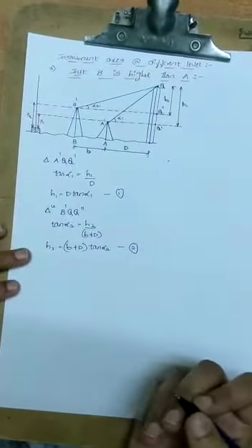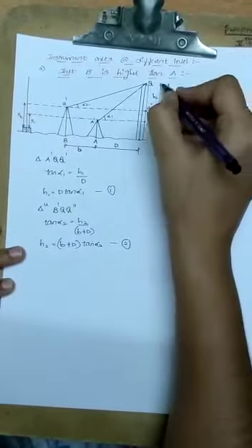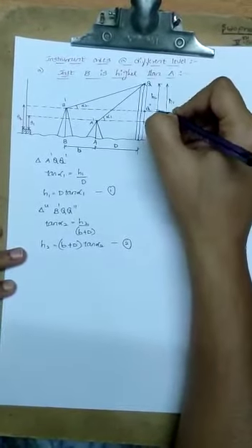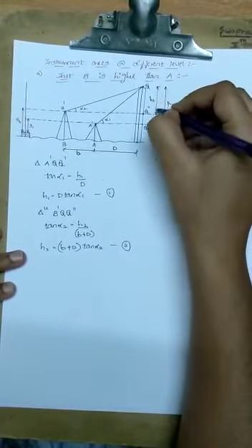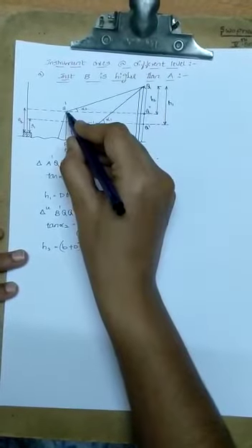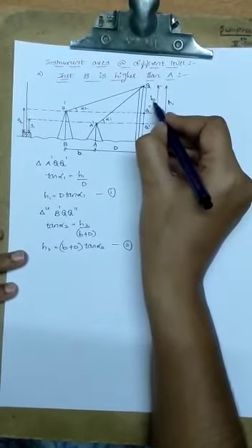Okay. Next you need to subtract, that is, whichever is the higher value. Observe in this figure, H1 and H2 are the heights of the elevated object from the instrumental axis A dash as well as B dash. Observe here which is greater, H1 is greater than H2.